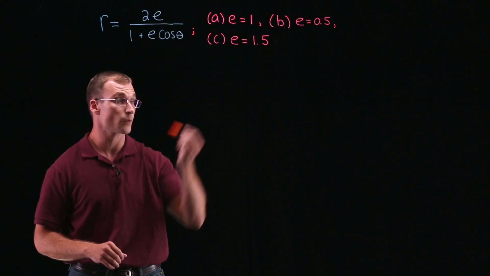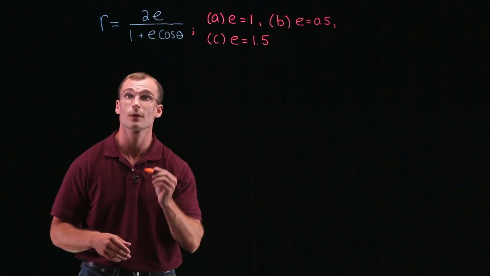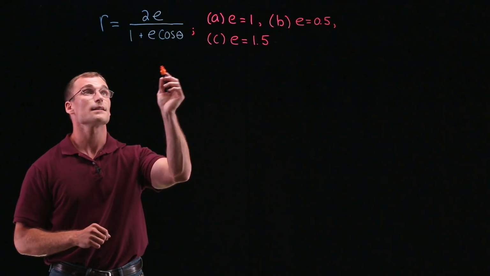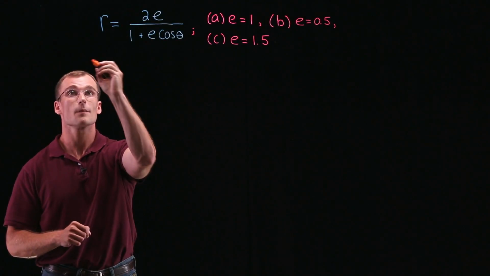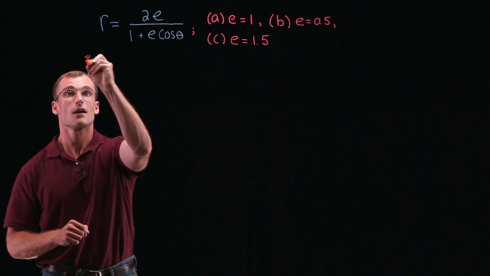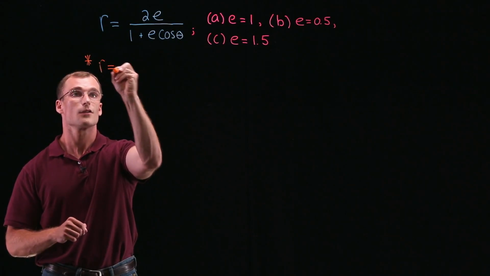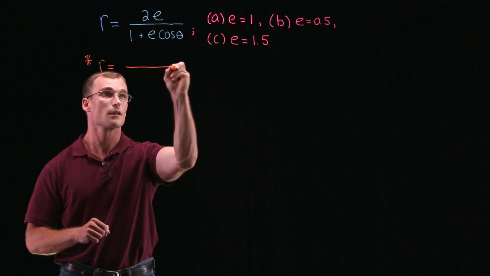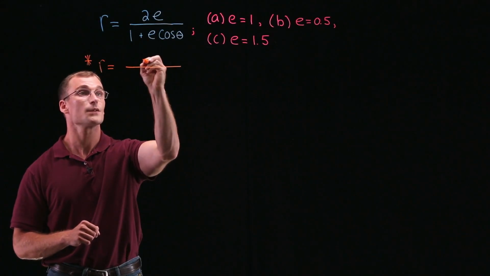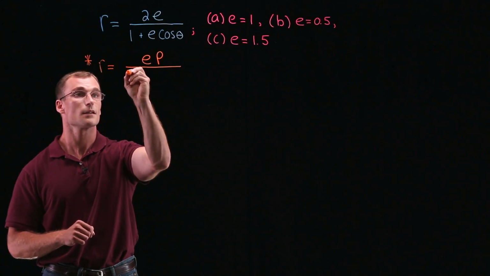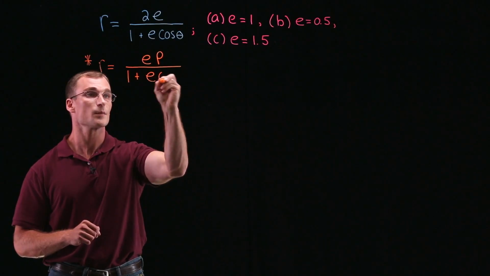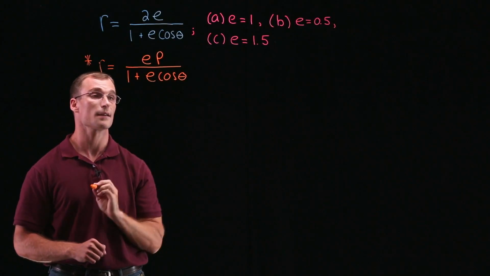So to start with, based on the values of e that we have, we can identify what type of conic we would get. First we'll list this out. If we look at the form of the polar equation that we have, and make it slightly more general, r is equal to e times p divided by 1 plus e times cosine theta.